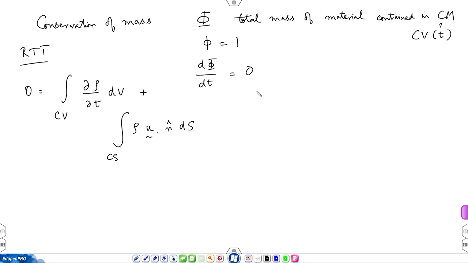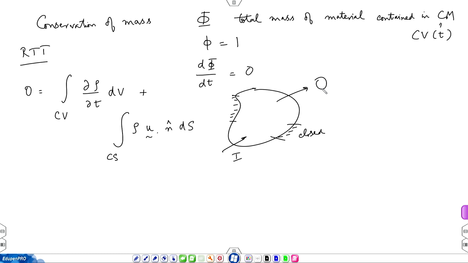So, in general you will have, let us say a part of it may be closed, part of it may have inflow, part of it may have outflow. Okay. So, when you sum them all up, of course, corrected by the local density, that gives you the mass flow rate.